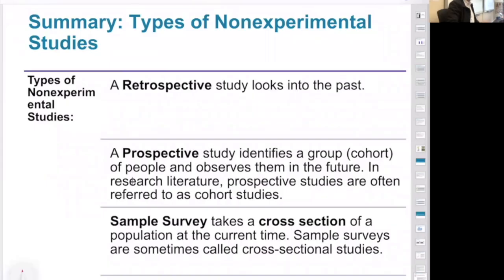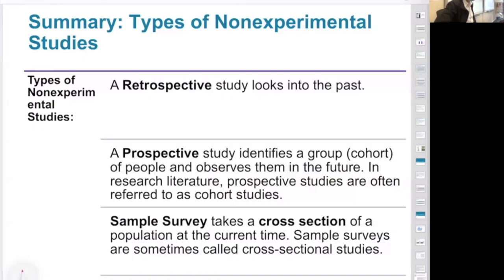Types of non-experimental studies. As I said to you, we have this summary. We have three of them. We have the retrospective study, looking into the past, and the prospective study, which means we have groups of people and we observe them into the future, maybe 10 years, 10 months, whatever the time in the future.